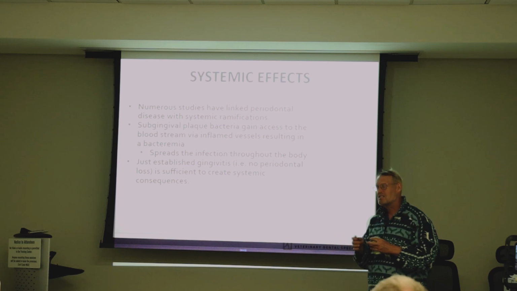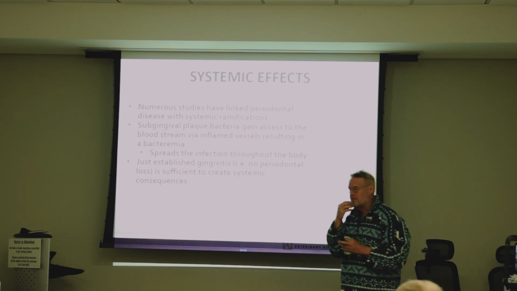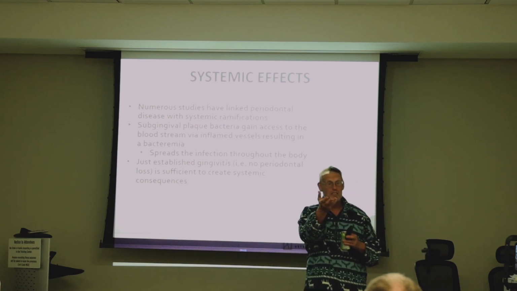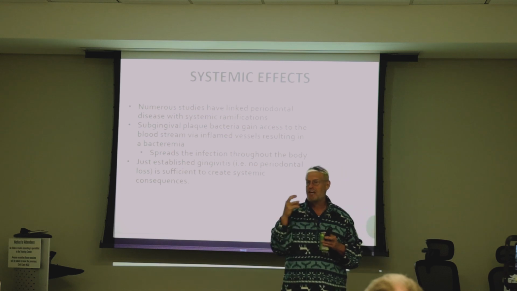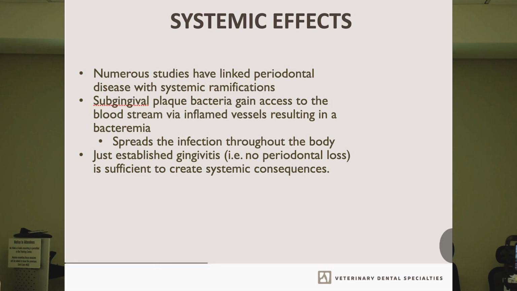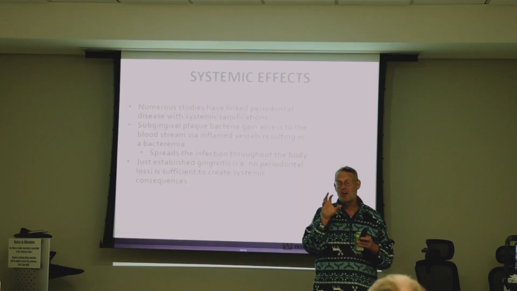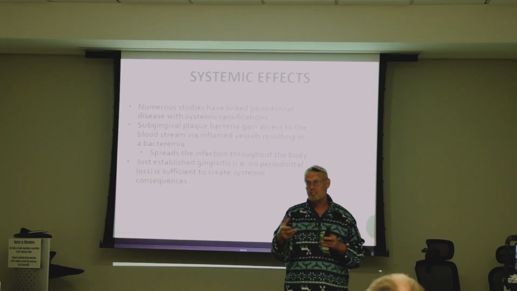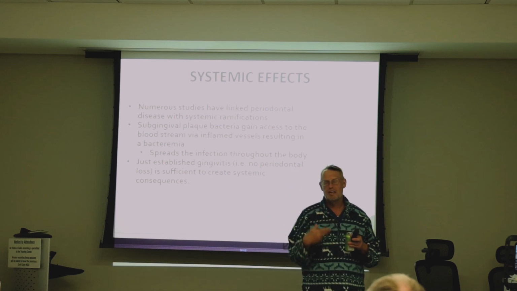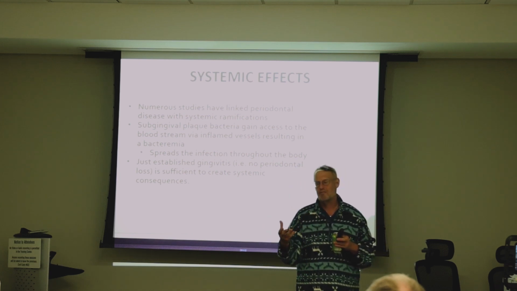And so what happens is when you get this inflamed gingiva, which is what periodontal disease is, you get this inflammation, and that's the body's capillaries becoming leaky to allow the white blood cells and the gamma globulins into the gingival sulcus to fight off the bacteria. When you get that leakiness, you allow the bacteria into the bloodstream. And it's not just the bacteria getting in there, it's also their inflammatory mediators, the cytokines and lipopolysaccharides, all that stuff that's causing the inflammation.